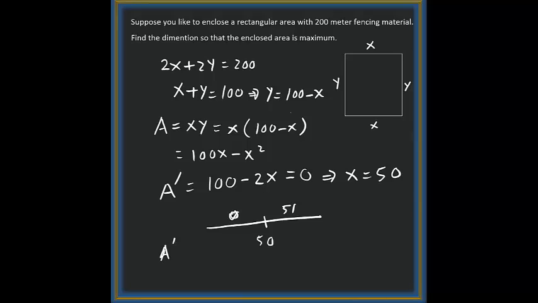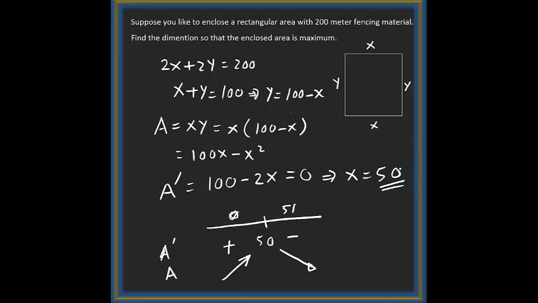When I replace x by 0, I see that it is positive. When it's 51, 2x will be more than 100, so the answer is negative. That means first derivative positive, meaning the graph is going up, and then first derivative negative, meaning it is going down. So we understand that at x equals 50, I have maximum area.